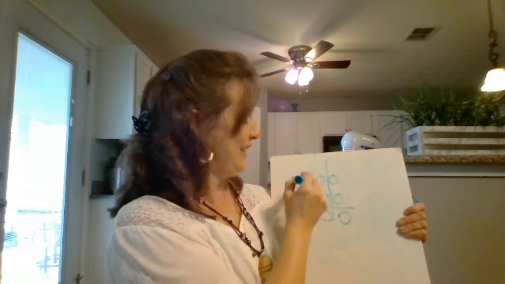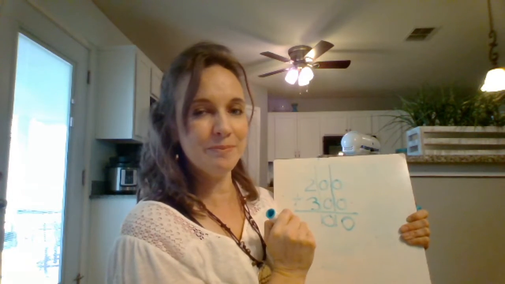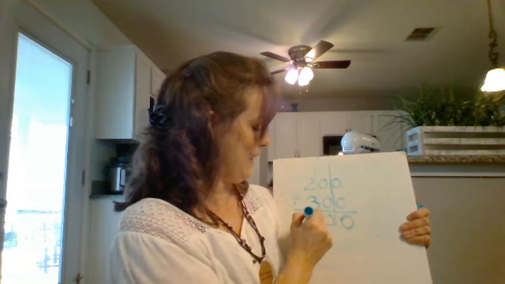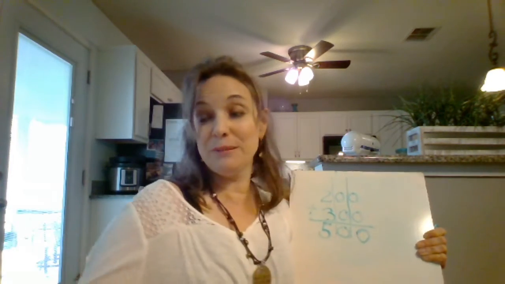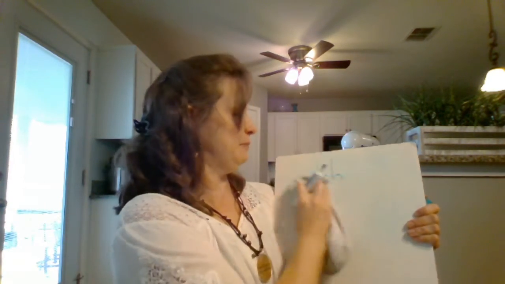Easy so far. 2 plus 3 is 5. 500. It seems like it's going to be pretty easy, huh? You just always have to start with the ones because eventually we're going to learn carrying. If the number you add up is too big for the ones, what do you do with it? So we always start with the ones.